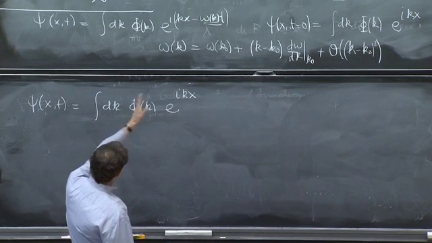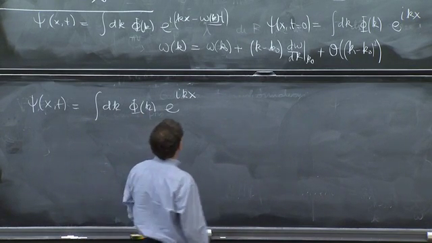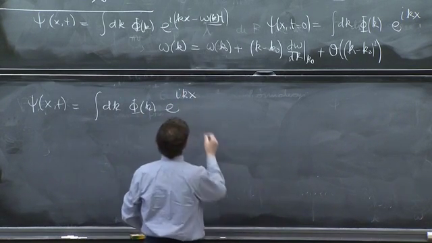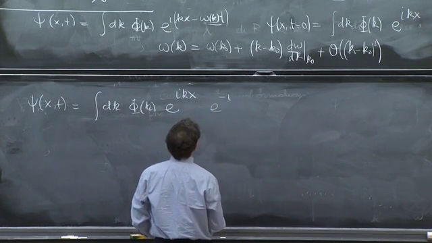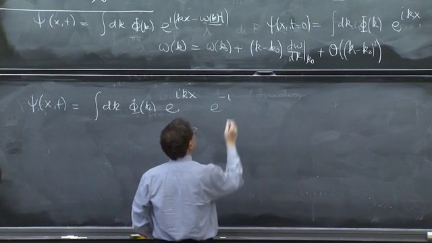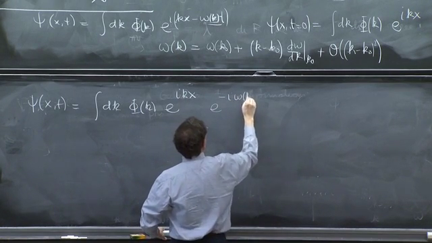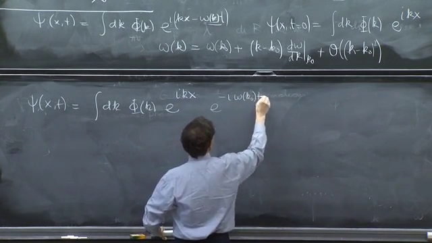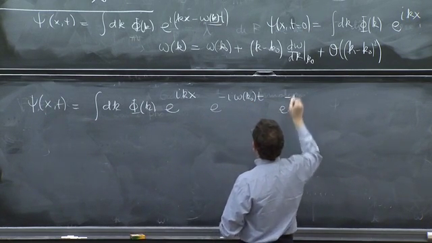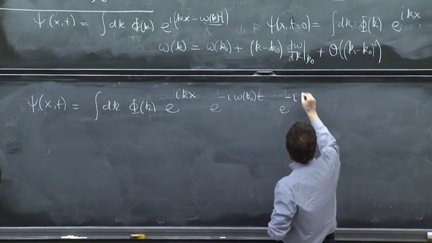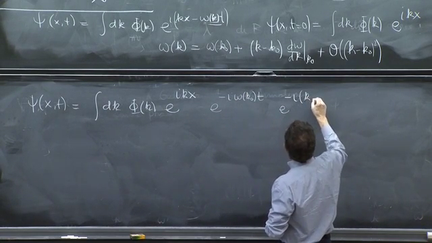So far, so good. I'll split the exponential so as to have these things separate. E to the minus i omega of k times t. So I'll begin with omega of k naught times t. That's the first factor.